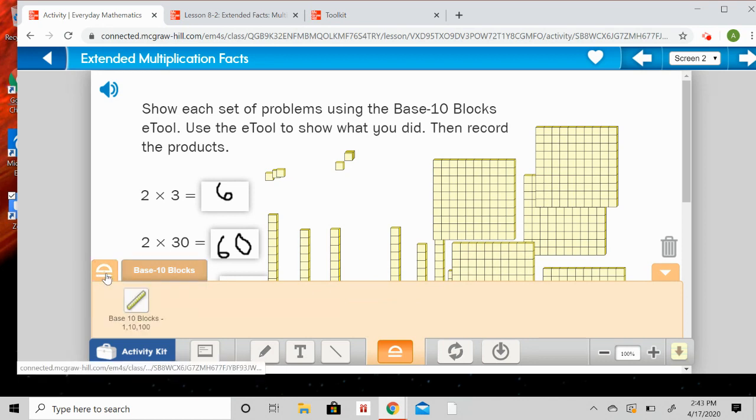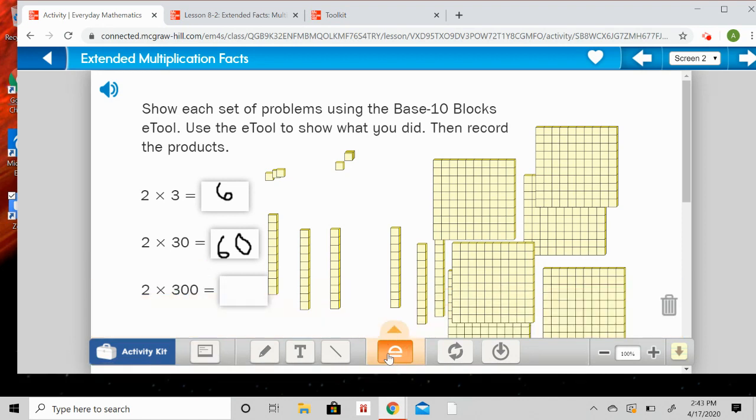Now I'm going to count my hundreds. 100, 200, 300, 400, 500, 600. So 2 times 300 is 600.